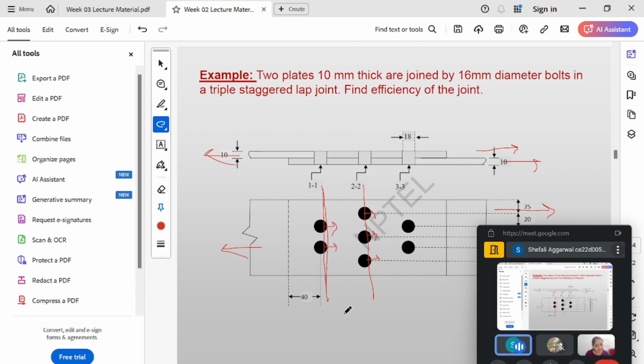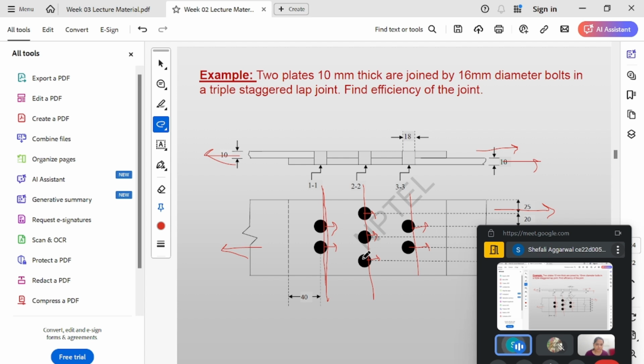This is purely symmetrical, where plane 1 and plane 3 are the same, so plane 1 cannot fail alone, because plane 3 is equivalently the same. But in plane 3 also we are taking bolt value, because of the effect of 5 bolts behind it.